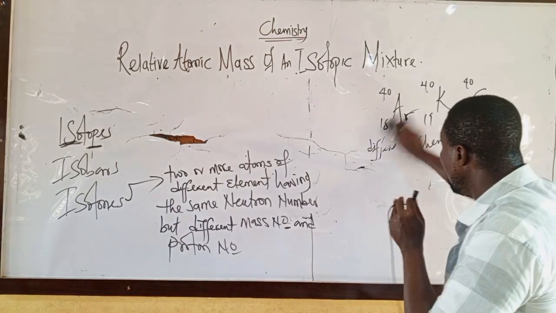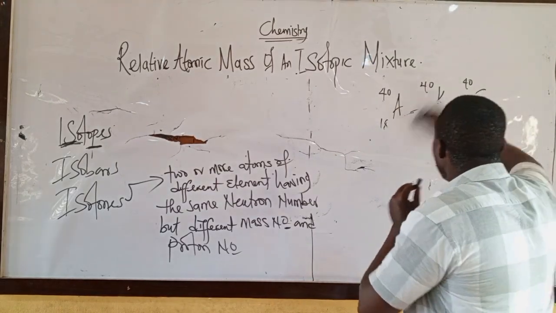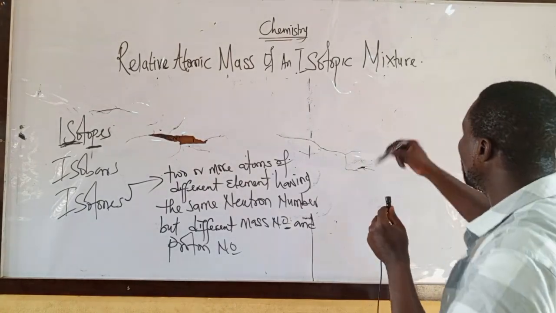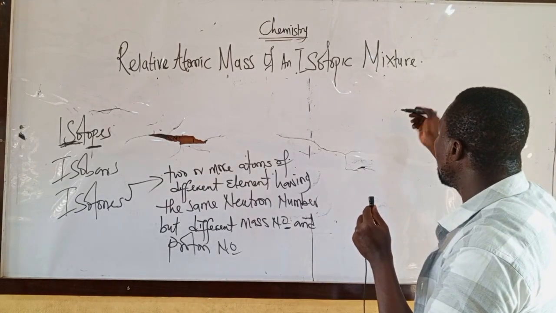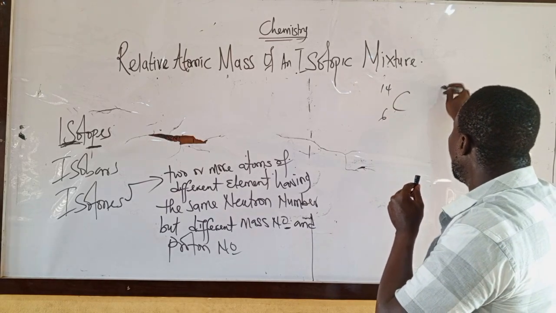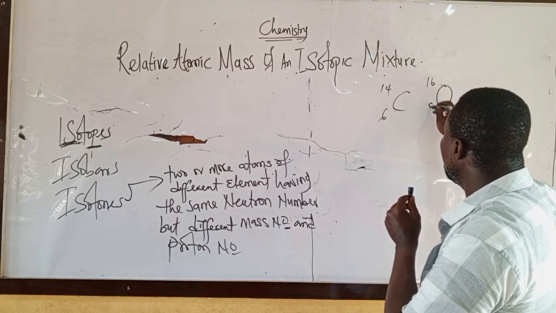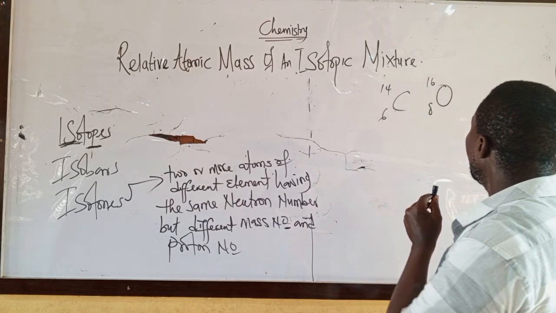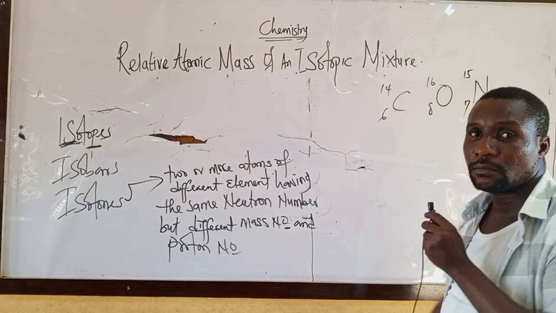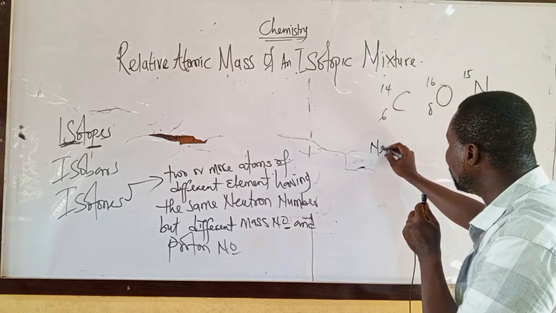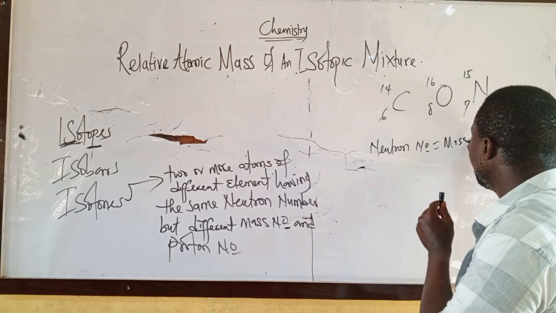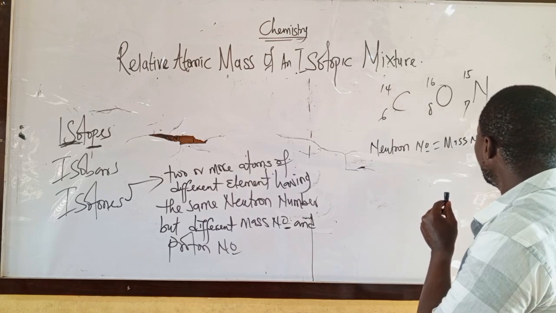Example. For example, when you have carbon 14-6, oxygen 16-8, nitrogen 15-7. What is neutron number? As I told you, neutron number is mass number minus proton number.